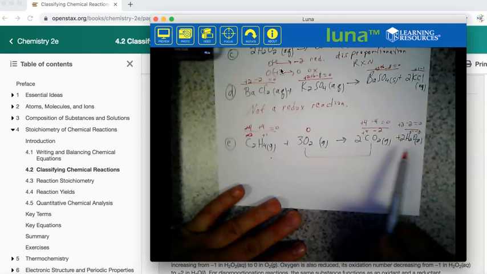Now I need to figure out my molar ratio. How many moles of aluminum do I need to react with how many moles of iodine? I can write my molar ratio between these two species as 2 moles of aluminum over 3 moles of I2. Notice I'm using the coefficients and the units moles.